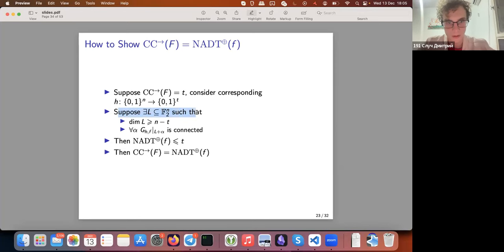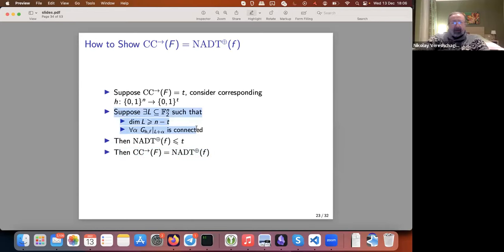Here is what we are going to prove: that there is a subspace of large enough dimension such that the partial h-induced graph, restricted to any coset of that subspace, is connected. Because the partial h-induced graph is connected on each coset, that means that f is constant on each coset. And because of that, it follows that the non-adaptive parity decision tree complexity doesn't exceed t. And then equality holds.